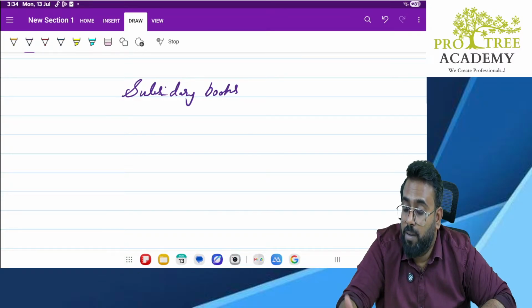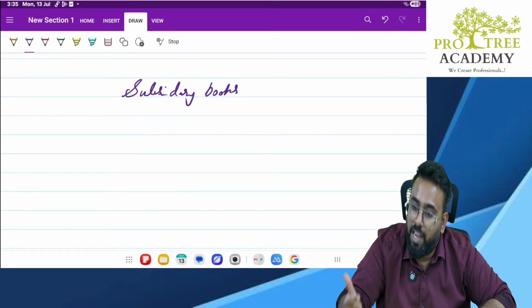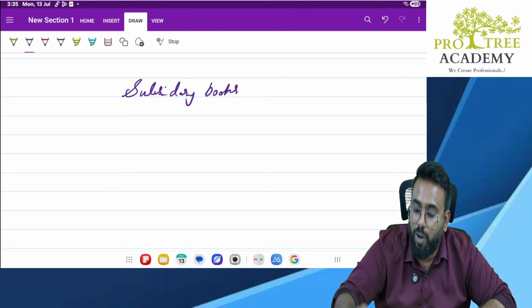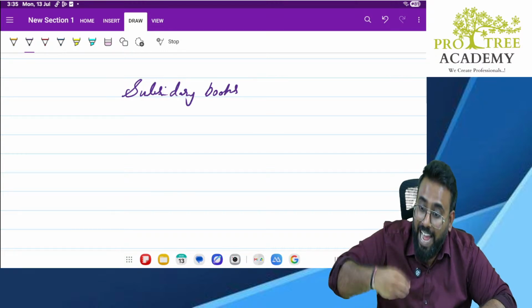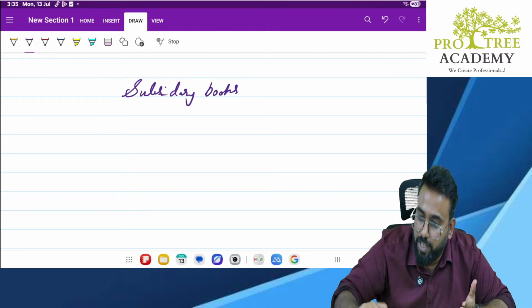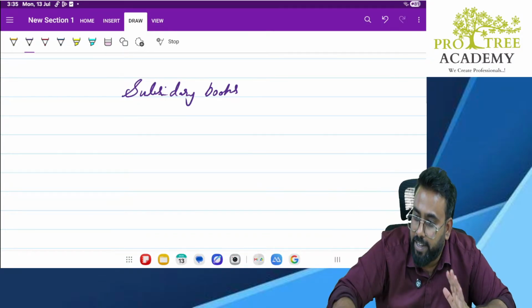Bills payable, bills receivable. Bills payable is creditor, bills receivable is debtor. I have already explained this concept. When debtors are not ready to give the money immediately, but I am in need of money, I go to them and draw a promissory note saying you will pay me this amount on this date.